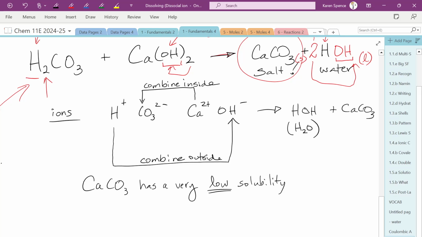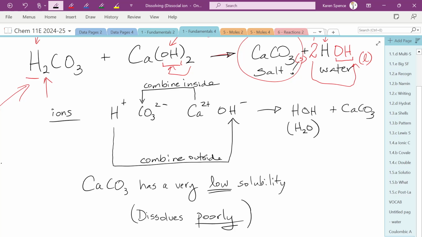That means it dissolves poorly. And so, again, the fact that we made that new solid counts as a new substance because we've recombined the ions with different partners.